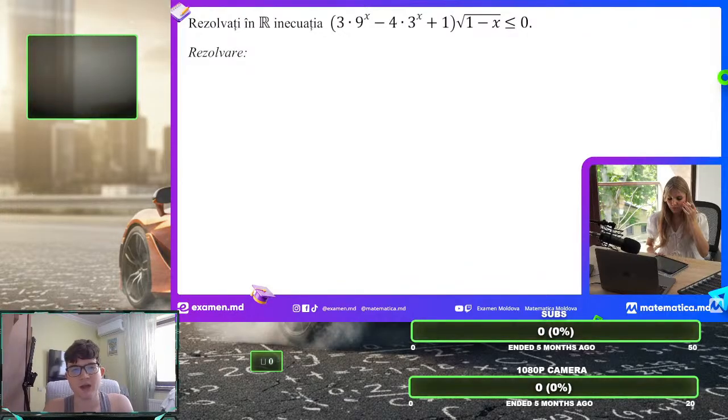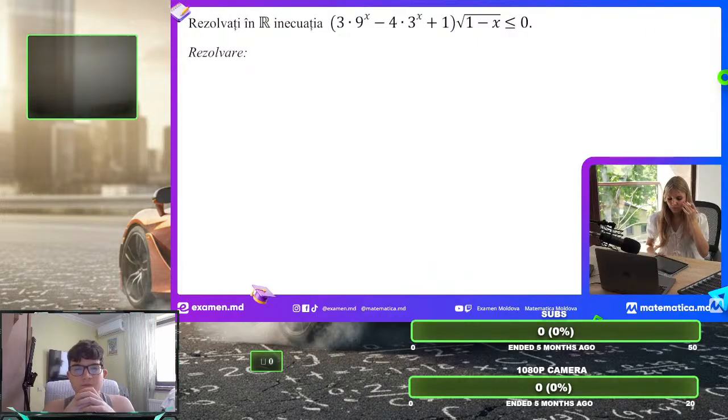The 9 we can write down as 3 to the power of 2, and it's going to be like that. We have 3 right there, another 3 multiplied, a 4 right there, plus 1.